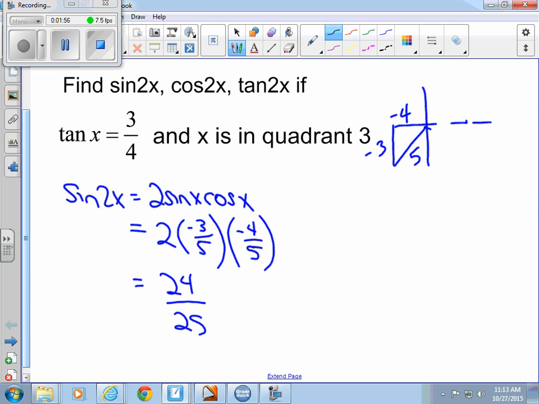What about cosine? Let's use this one: 1 minus 2 sine squared. Okay. 1 minus 2 sine squared of theta. Would it have mattered which one you used? Not really.